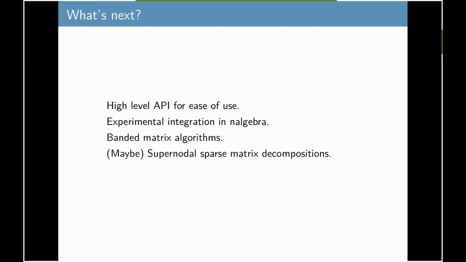So this is something that I would like to work on. There are already various implementations for the simple sparse matrix decompositions, which are the sparse equivalent of the unblocked decompositions. But there are very, very few supernodal decompositions. There is, for example, SuiteSparse and UMFPACK, which are well known, but they are not very convenient to use, as there are, as far as I know, no real Rust wrappers for them.